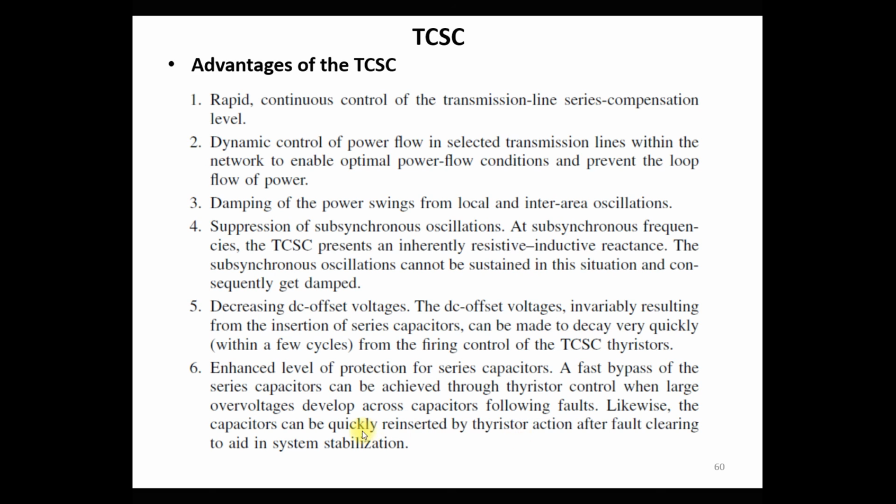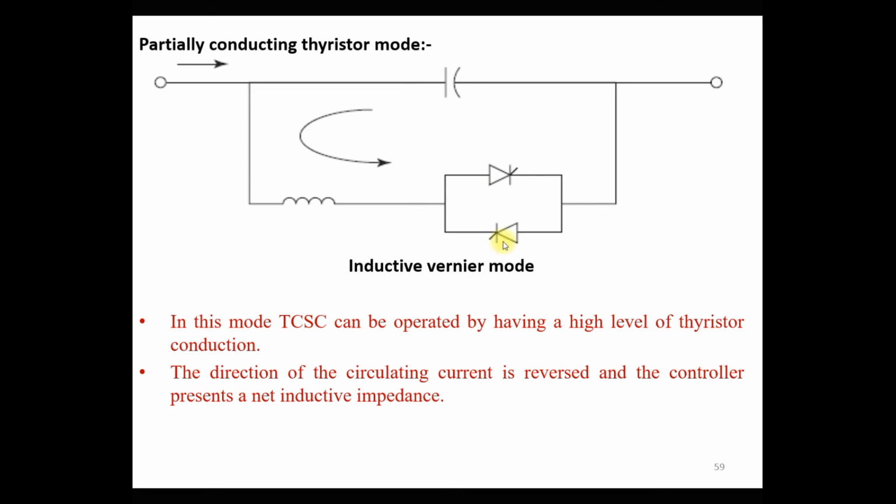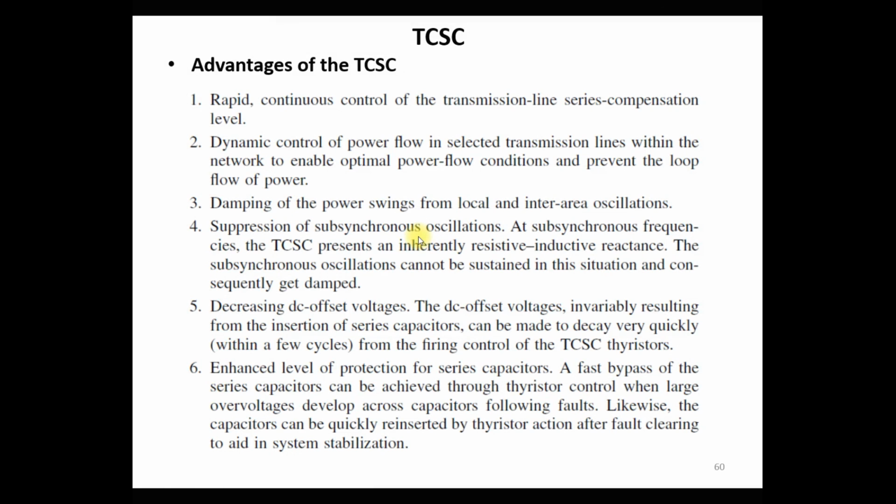So once the fault is cleared, we can quickly reinsert this capacitor by the thyristor action for the stabilization of the system. So you can see that by this thyristor and firing angle control, we can insert or disconnect this series capacitor whenever we require in a very fast manner. So this is the advantage of using the TCSC in the transmission line.